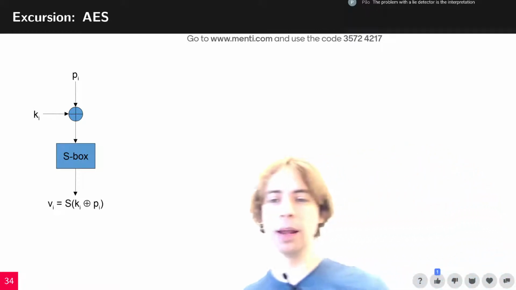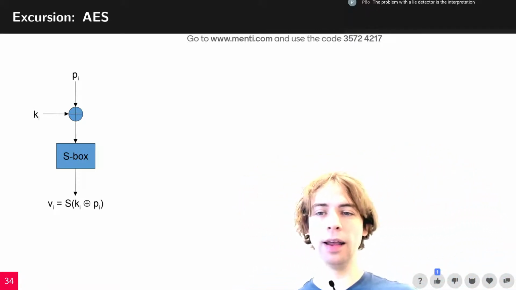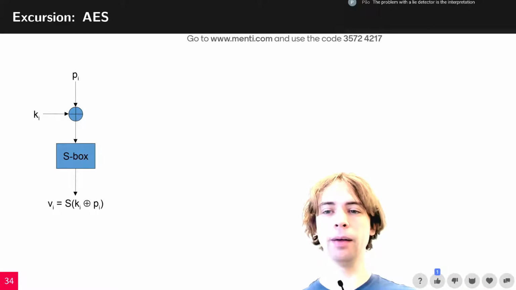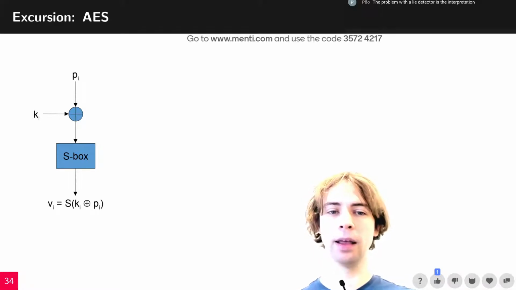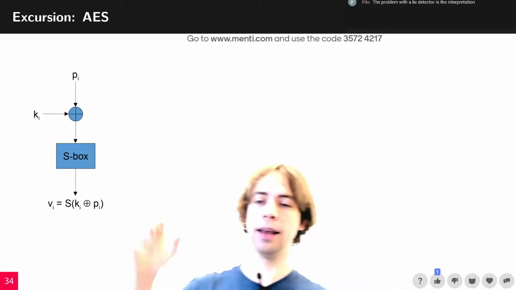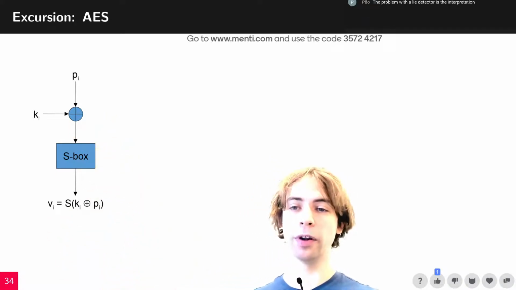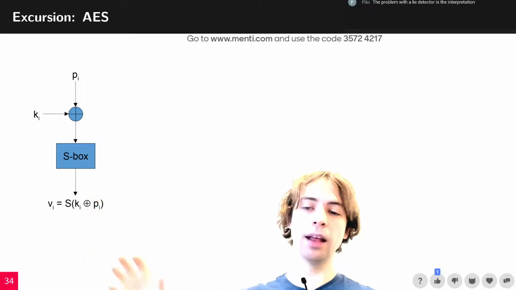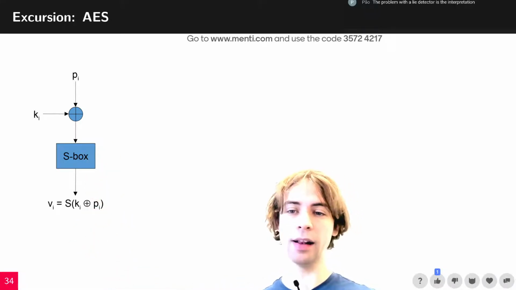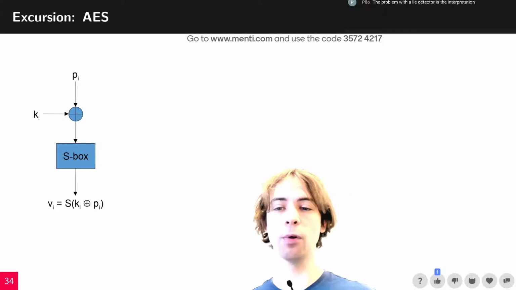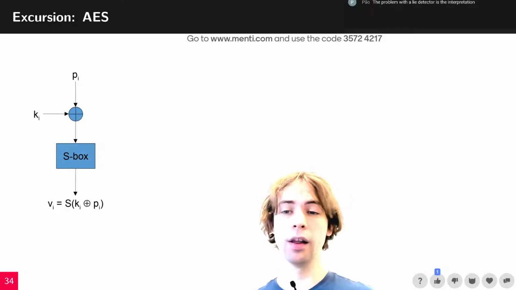So if we think about AES, we basically can also just XOR plain text, or that's the basic principle of how it works. We XOR plain text and key together, we do the SBox lookup, and then we have some result from this SBox lookup, and this would be a single round, maybe the first round of AES here.